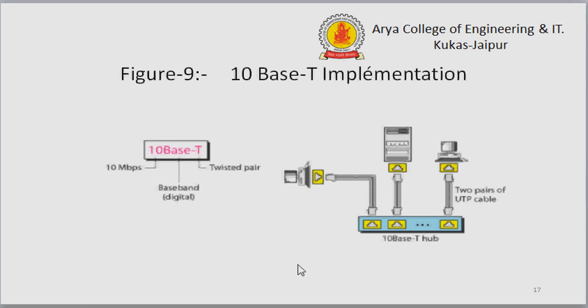The maximum segment length is reduced to only 100 meters. The advantage of this type is that the twisted pair wire is easily available in any building. This specification defines the star topology. As an alternative, an optical fiber link can be used, then the maximum length becomes 500 meters.